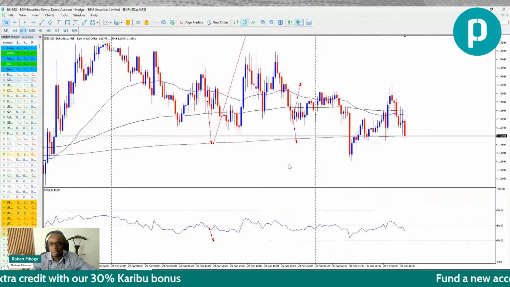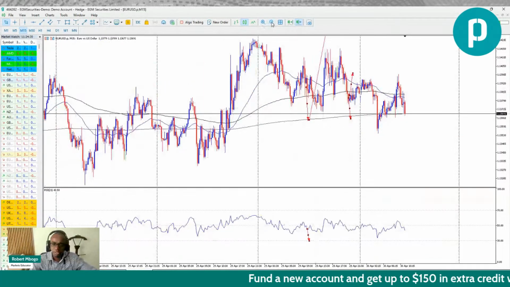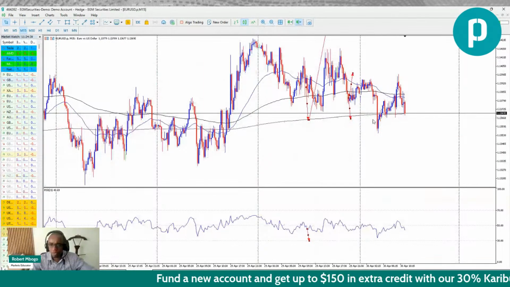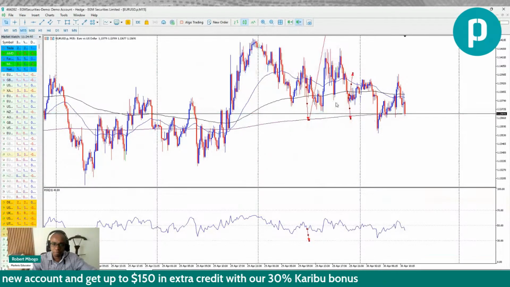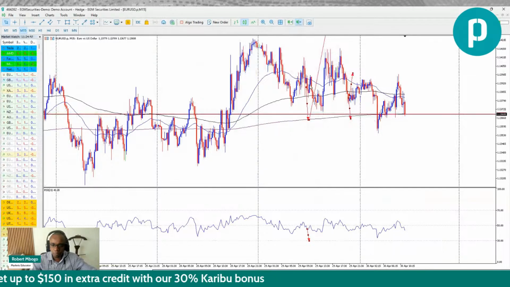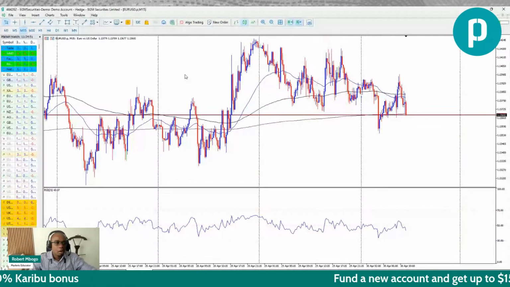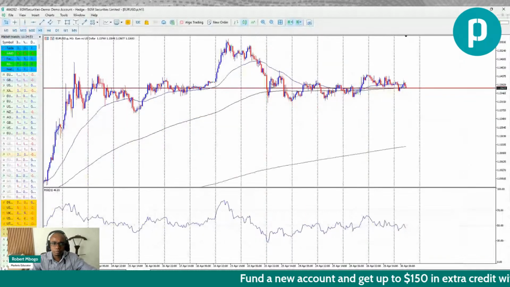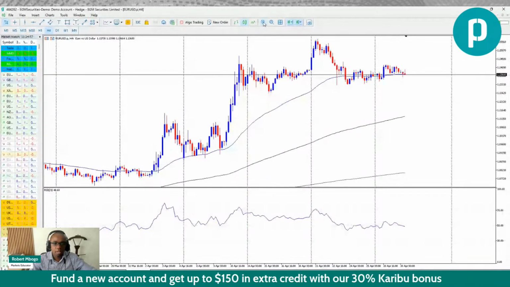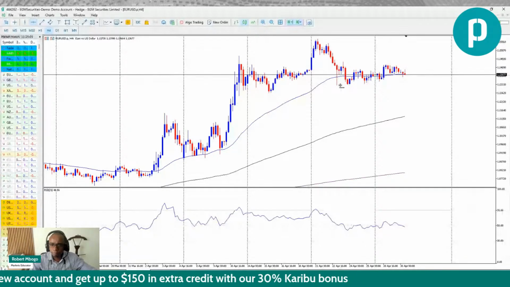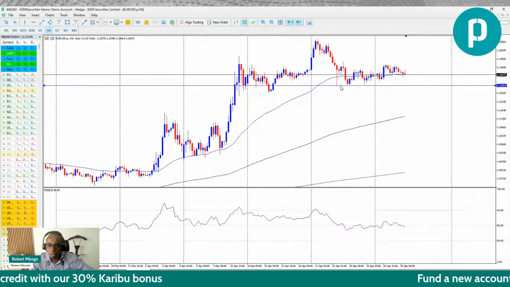EUR USD, we were looking for that bullish move, a sell, and then a bullish move. Didn't really get to our area, but a bullish move played out. So let's remove these analyses. What are we looking at? This low, last week's low on H4.